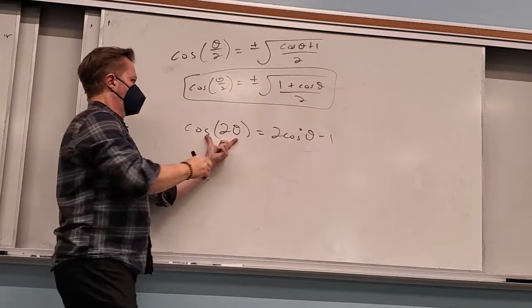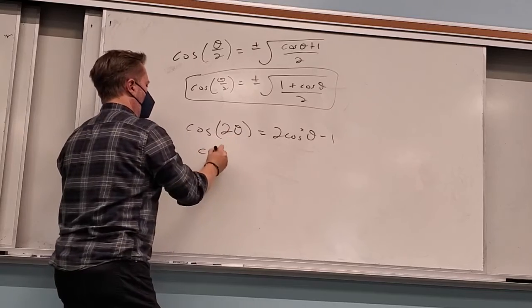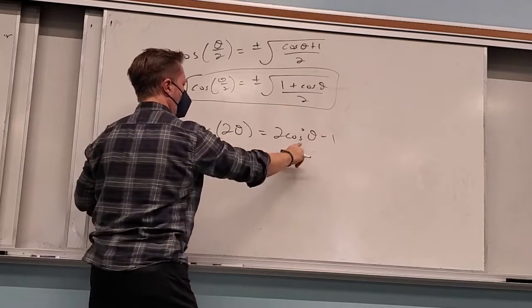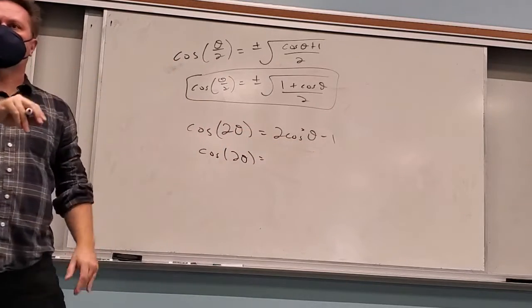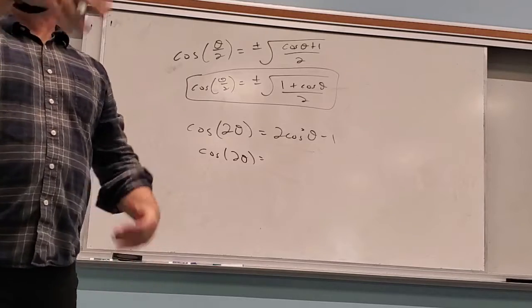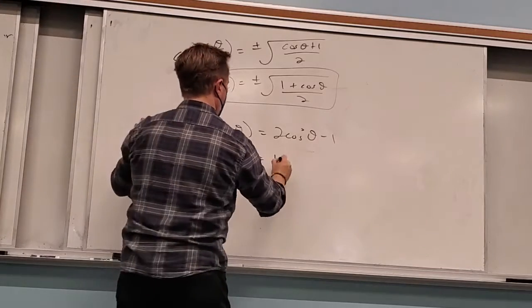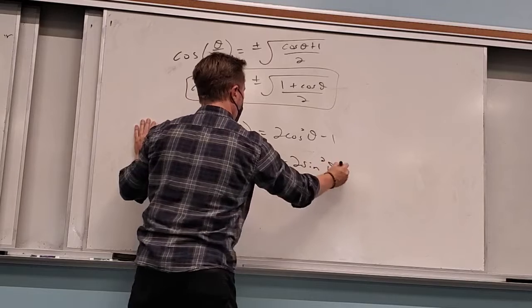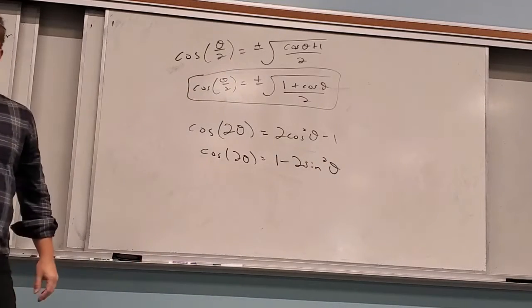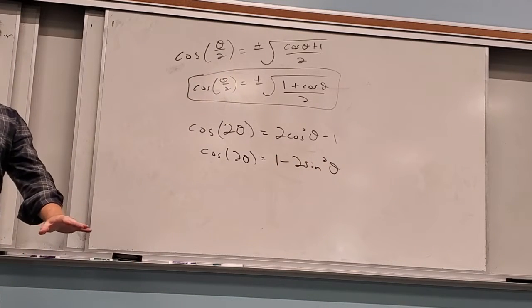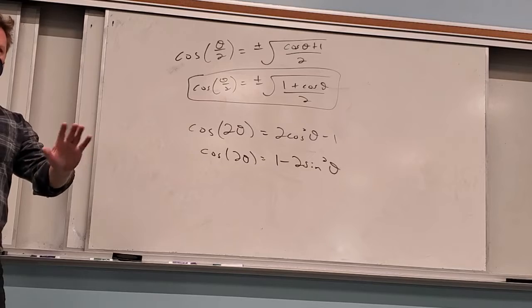Which option for the double angle formula has just a sine in it? 1 minus 2 sine squared theta. I think you could trust me on this, so we don't do it again.